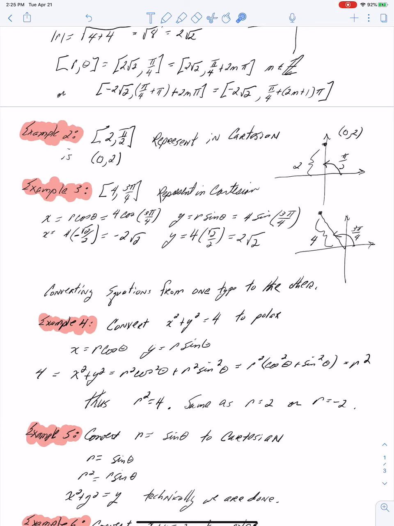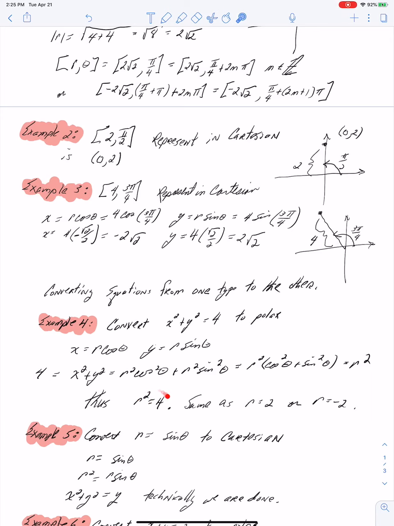Right? So now let's plug these things in. I get 4 is x squared plus y squared, r squared cosine squared theta plus r squared sine squared theta. Factor out an r squared. Cosine squared plus sine squared is 1. I get r squared. So r squared equals 4 is a way to represent this equation. Not surprising, right?